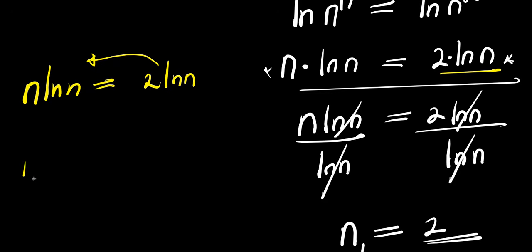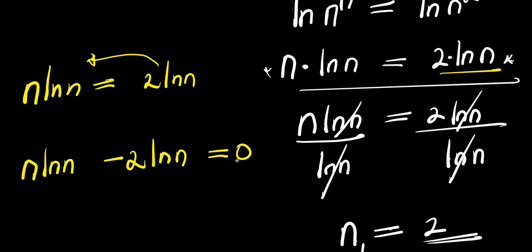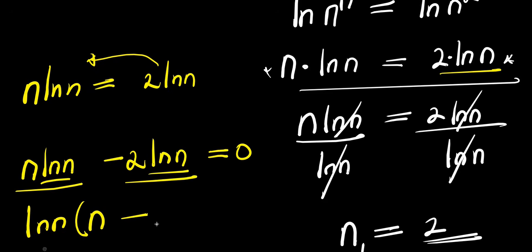I will simply have n times natural log of n minus 2 times natural log of n equals 0. So I can factor out natural log of n. So I will have natural log of n times n minus, if you divide this by this, you have 2, and this equals 0.